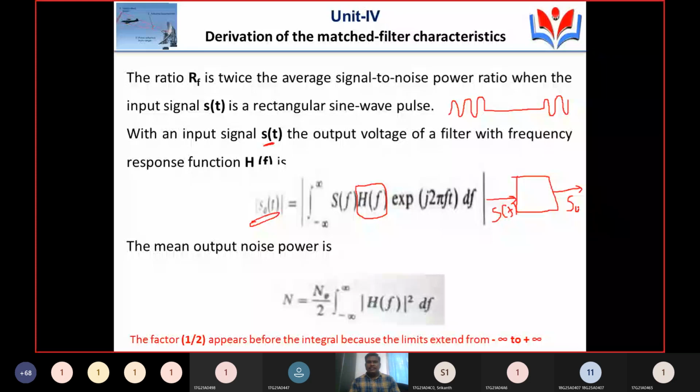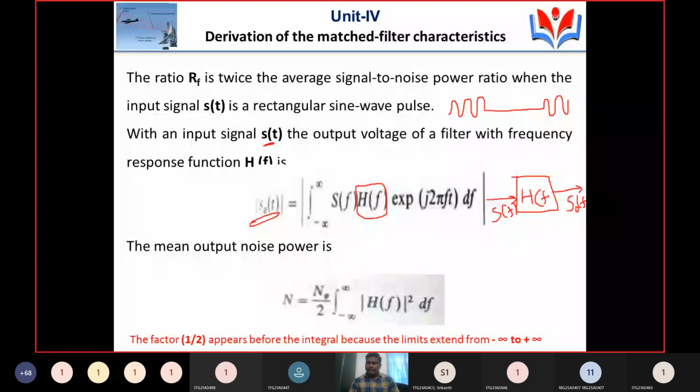This matched filter has a frequency response, or transfer function, h of f. What is S naught of f in the frequency domain? In the frequency domain, the output of any continuous time system is the multiplication of the input and the filter frequency response. That is equal to S of f into h of f.